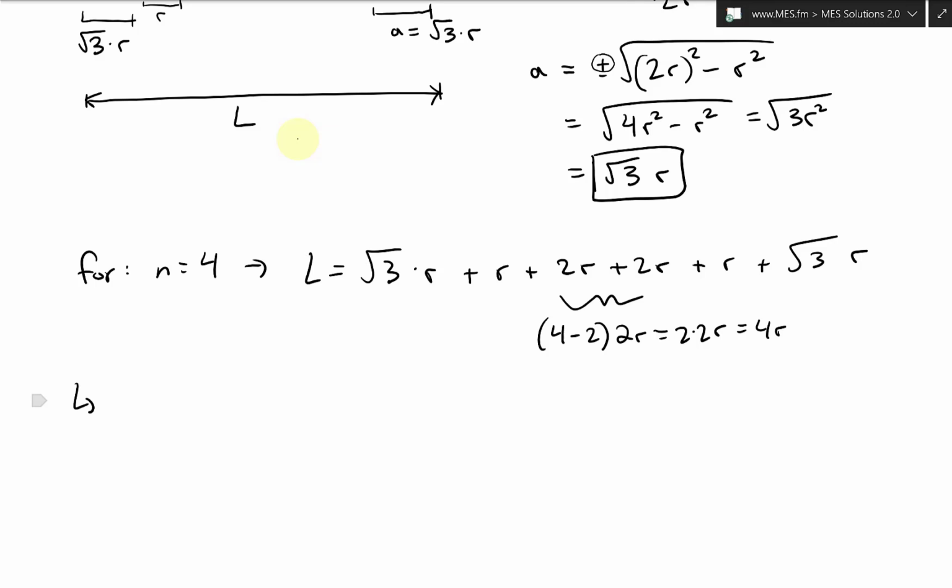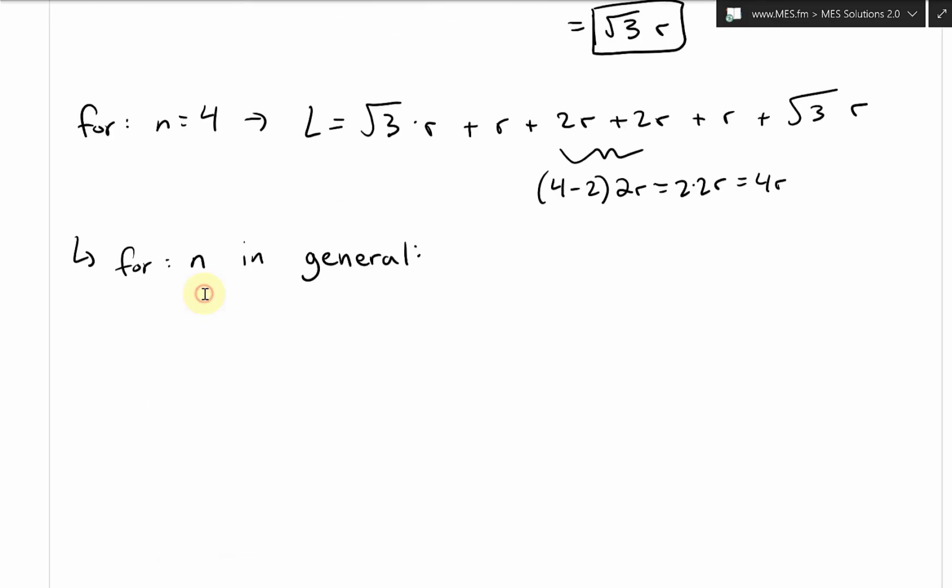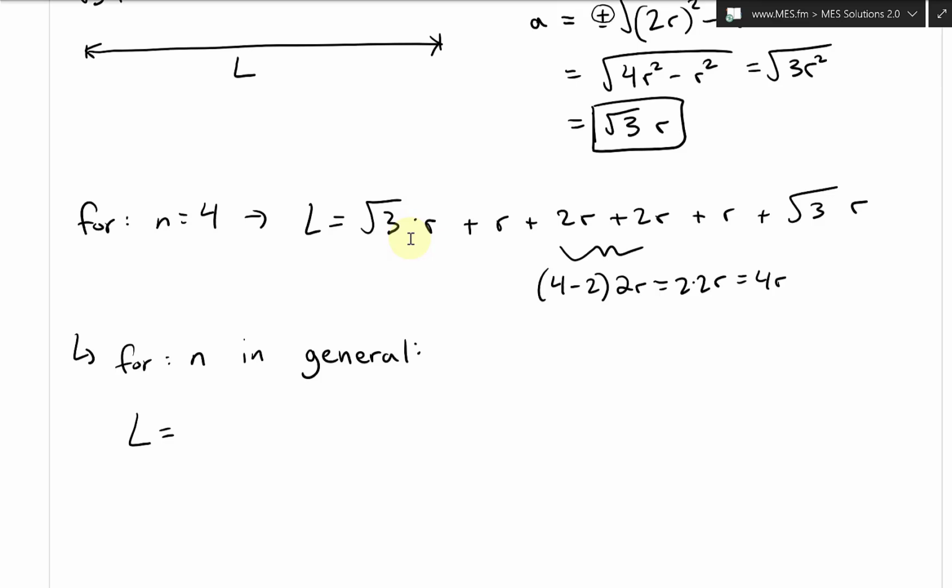So for general n, in general, L equals the square root 3 times r, and then these just add up.